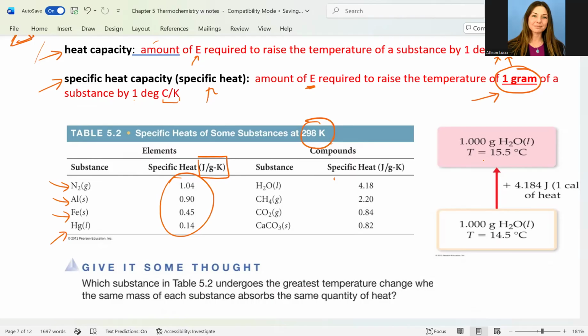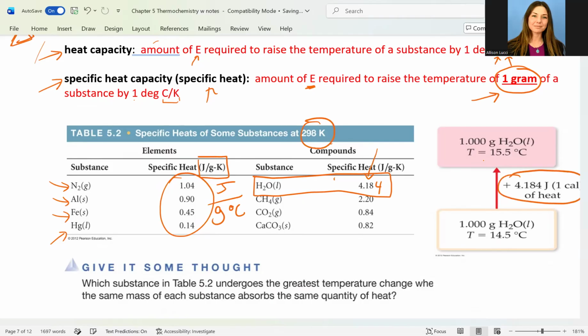Again, that's interchangeable with joules per gram Celsius because the temperature increase is by the same interval. Then we see over here, which we will utilize quite often, the specific heat capacity for liquid water. In some aqueous reactions, liquid water is a medium, and we might need to know its specific heat capacity. This value, 4.18, sometimes 4.184 to another significant figure, is used. And again, that's shown over here.